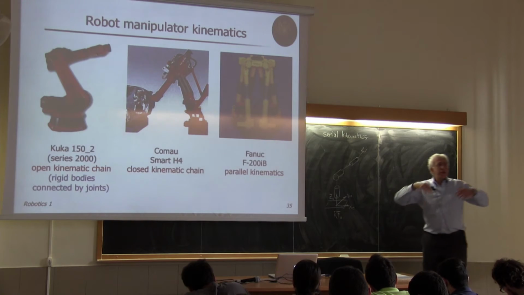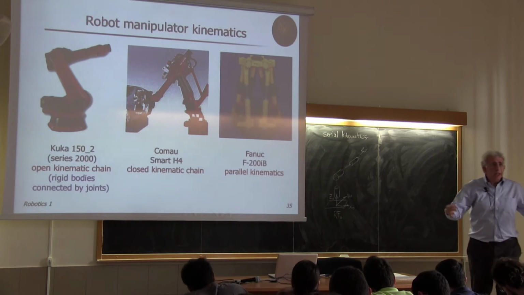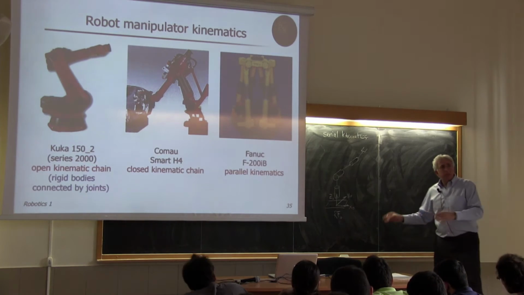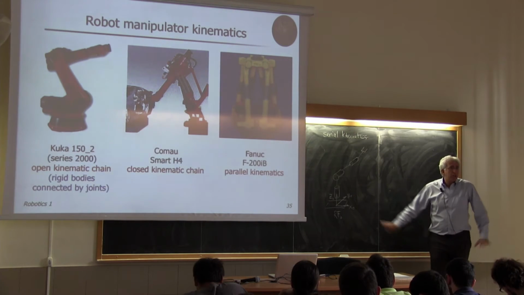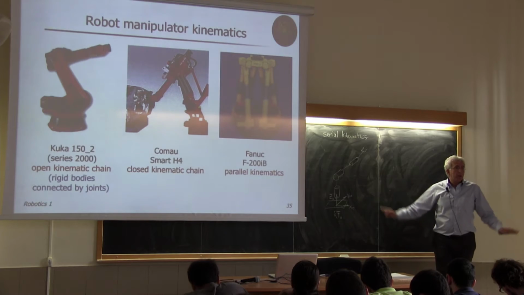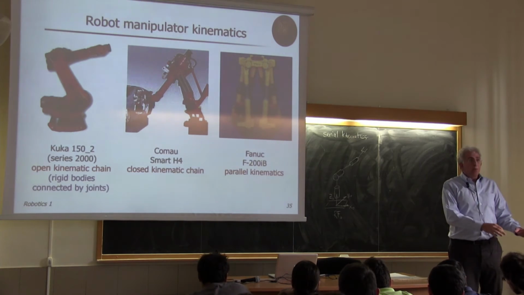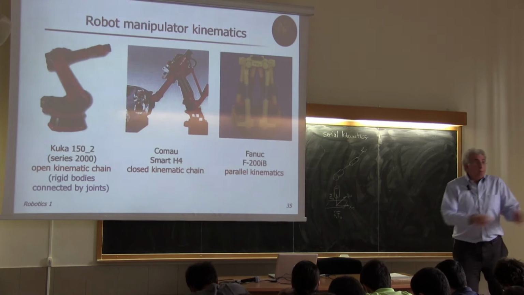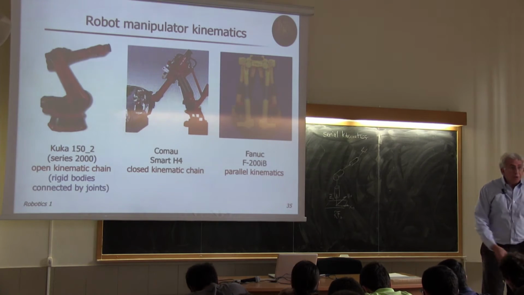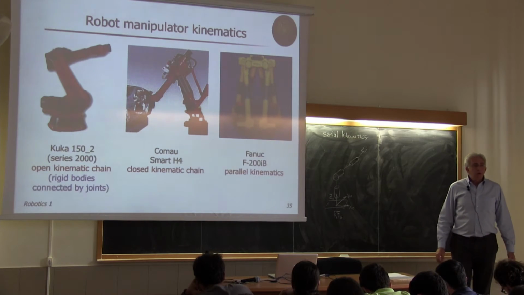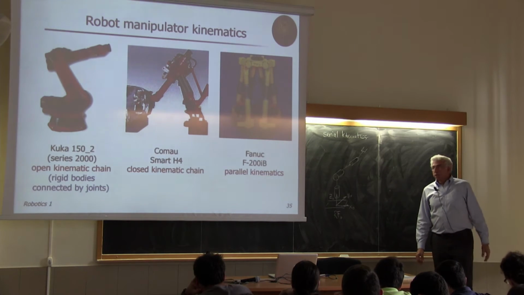And we will refer all position, all orientation, all motion of the robot with respect to this particular base frame, which is fixed in the world if the robot has a fixed base. If the robot is mounted on a mobile base, this frame will move depending on how the base of this mobile robot moves around the world.